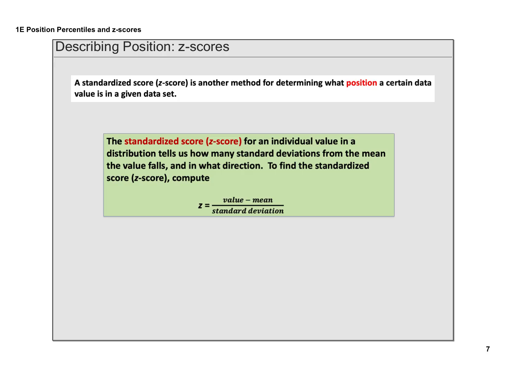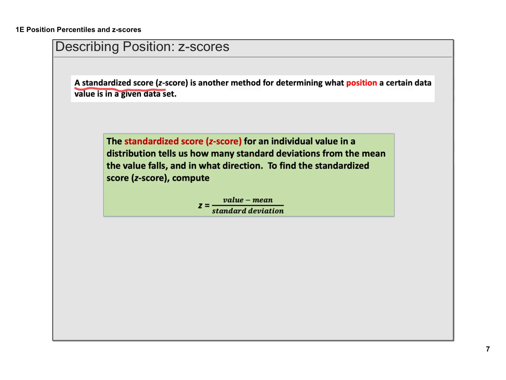All right, so percentiles are a great way to mark position. Another way to mark position is what's called a z-score. We're going to get into the normal distribution in the second half of Unit 1, and a z-score is what we use to standardize our data. A z-score is another method for determining what position a certain data value is given in a set.